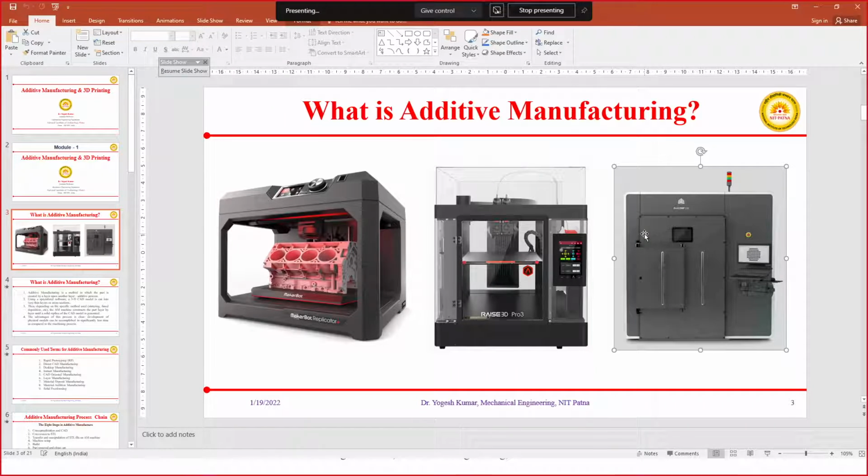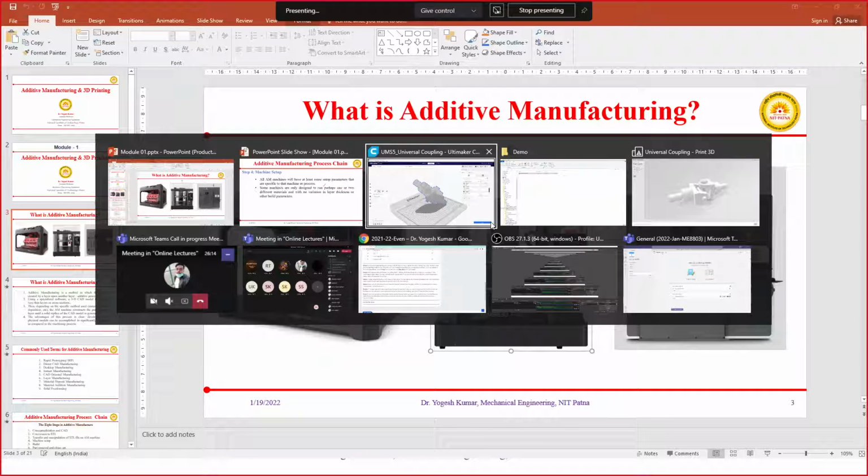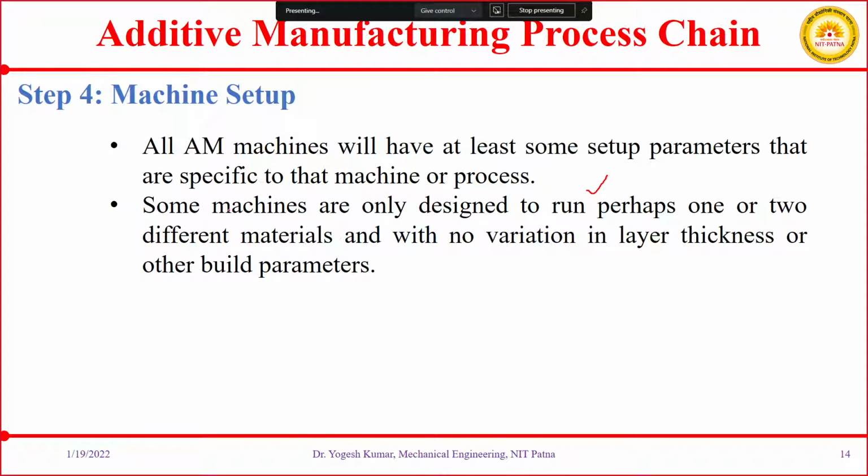So these are limitations corresponding to the printer. You cannot print metals on a printer which is designed only for plastic or ceramic or whatever the material. These are the limitations of that particular machine.